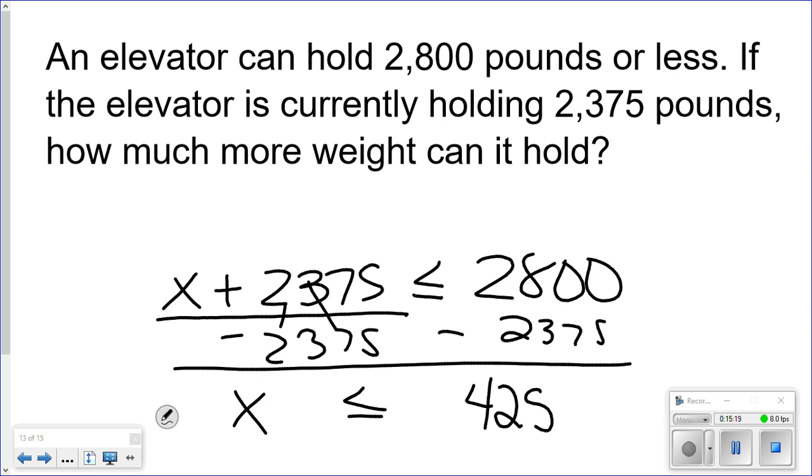It wants to know how many possible things it can hold before it gets to 2,800 pounds. So if you just give me one answer, that's not good enough, because it wants every possible thing that can be put on that before it gets to 2,800 pounds. Does that make sense? You guys catch what I'm throwing?